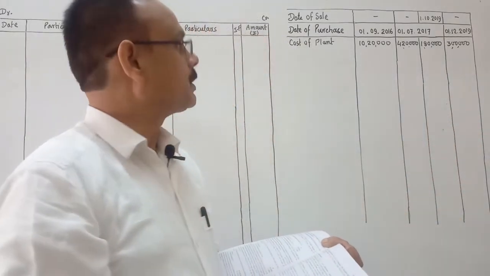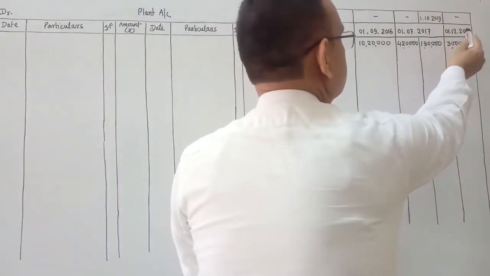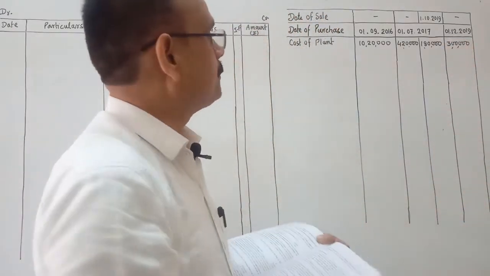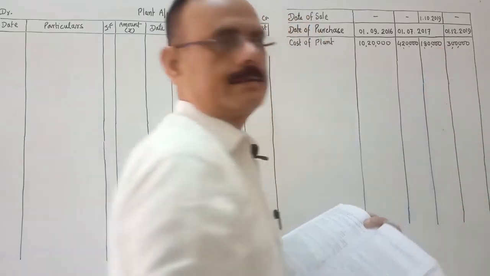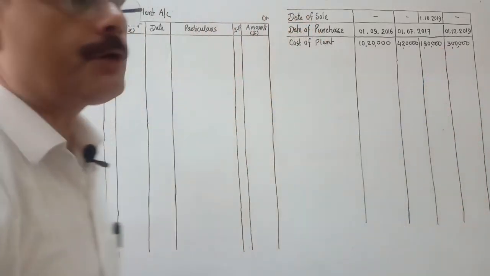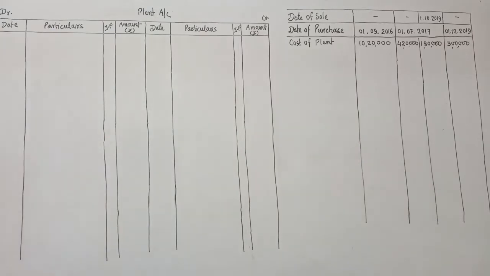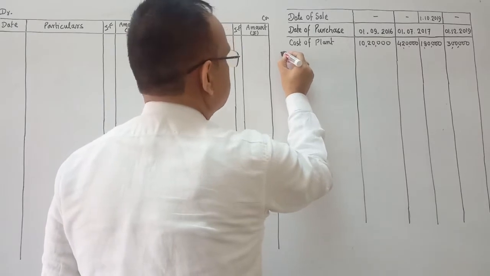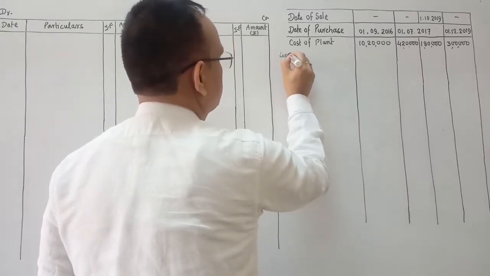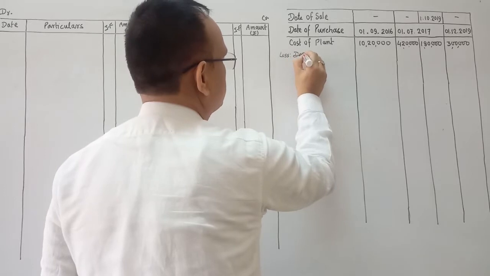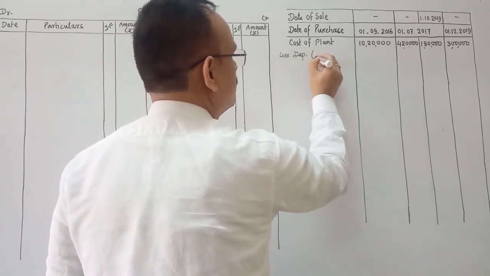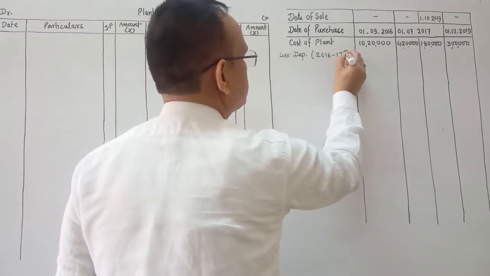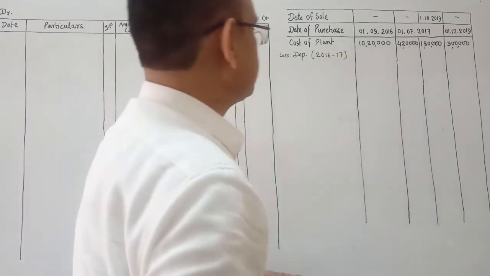On 1st December 2019, another plant was purchased for rupees 3 lakhs. Okay, 3 lakhs. Now we'll do the working. So start with less depreciation. First year depreciation for 2016-17, the first financial year.